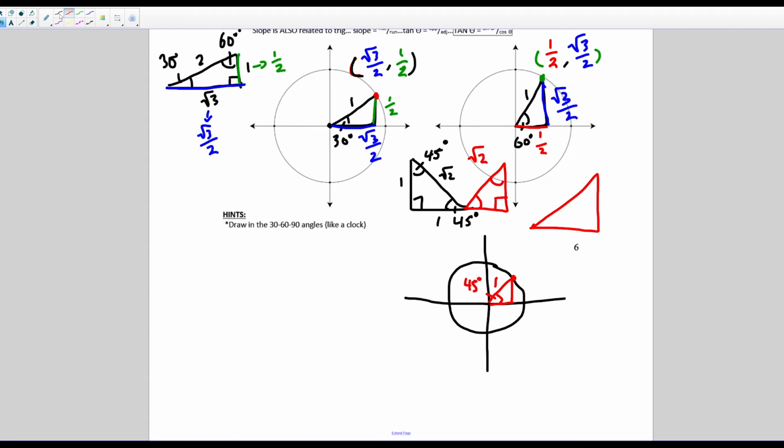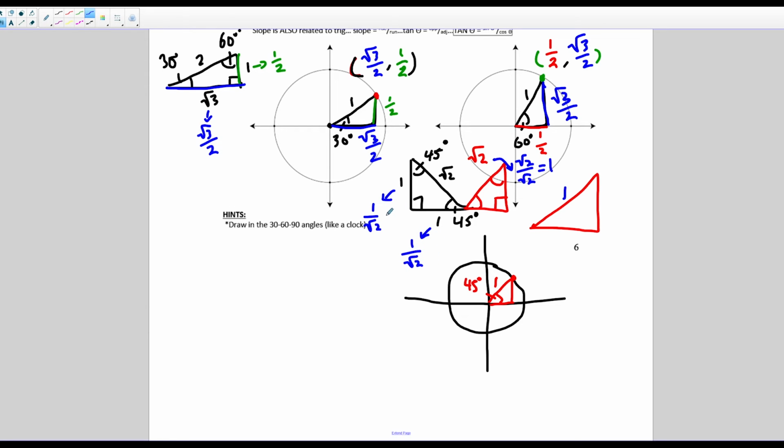So this square root of 2 is now square root 2 divided by square root 2, which is now equal to 1. So I'm going to divide everything in this triangle by square root 2 to ensure that I have the same proportions. So this 1 now divided by square root 2, and same thing with this one. I'm going to divide that by square root of 2.